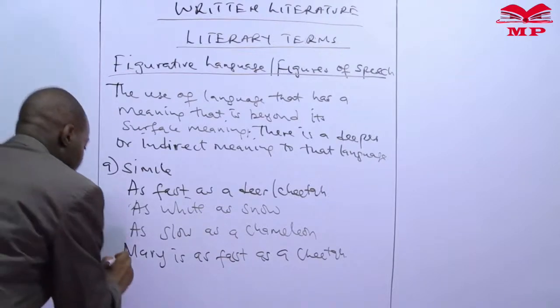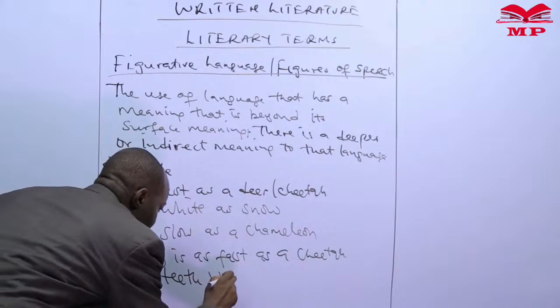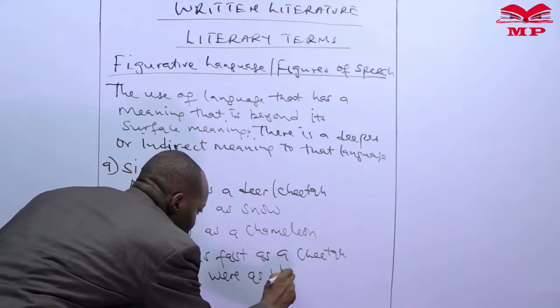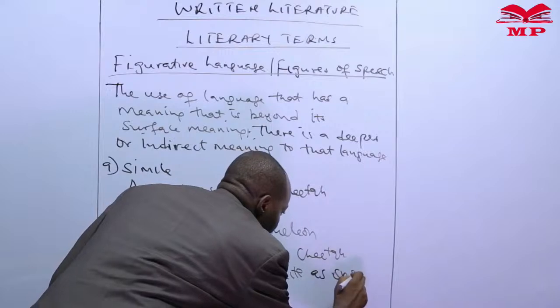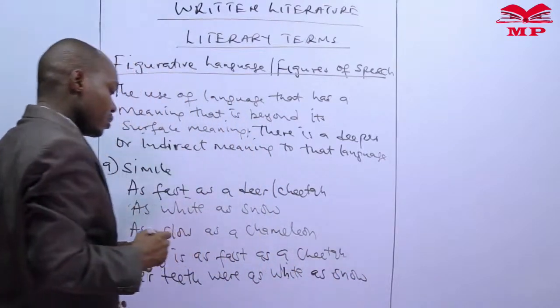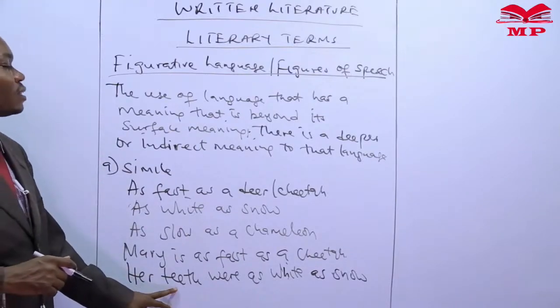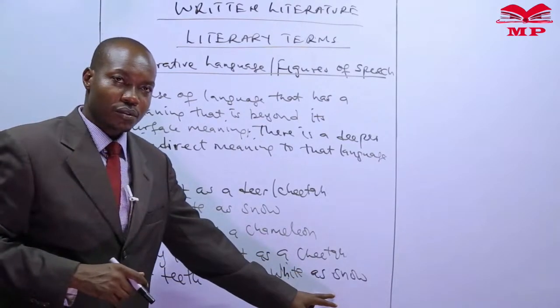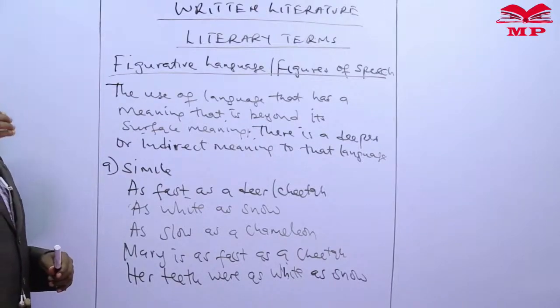Her teeth were as white as snow. Now, in this case, we are comparing what? 2 things: teeth and snow. We are saying this person's teeth were very, very white.